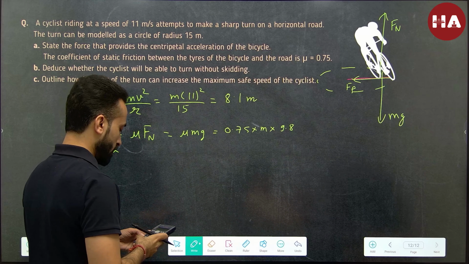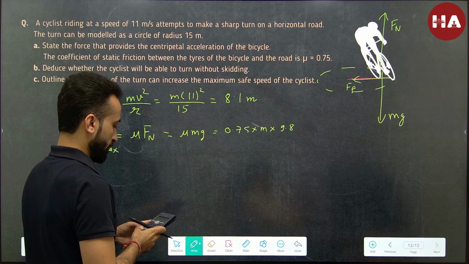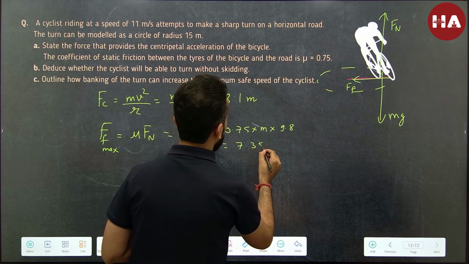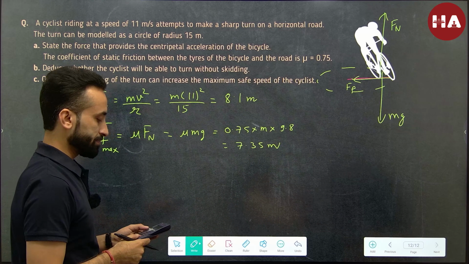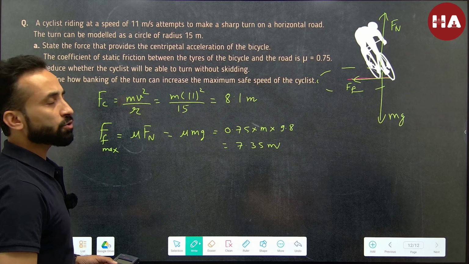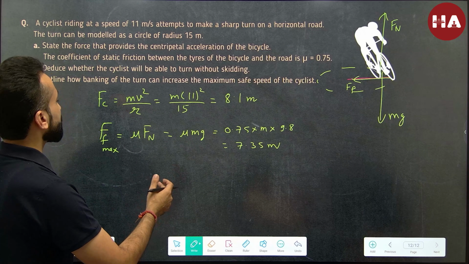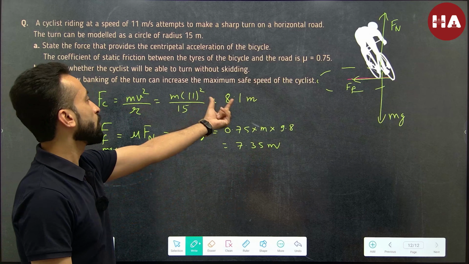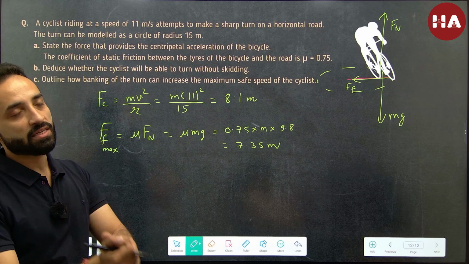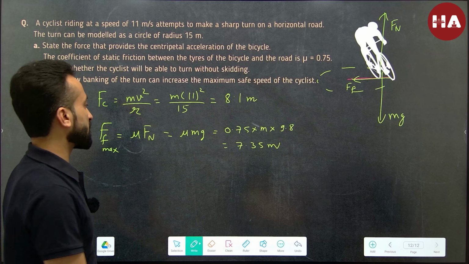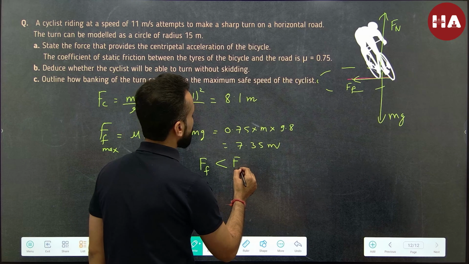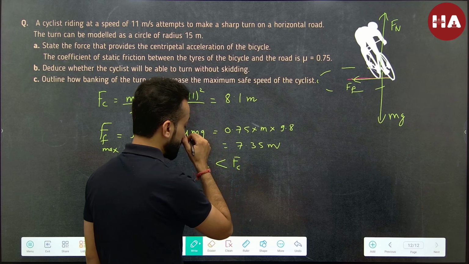So it's 0.75 times 9.8, that is 7.35 m, isn't it? What do you see? The friction that is available is 7.35 times the mass of the cyclist, while the centripetal force needed is 8.1 times the mass of the cyclist. So the friction value that you can achieve is less than the centripetal force needed.